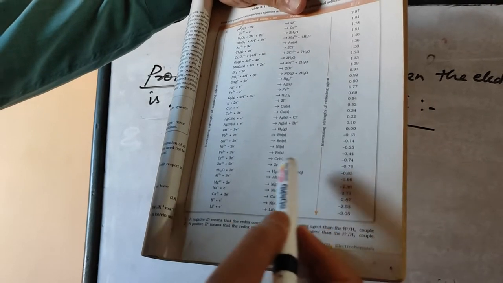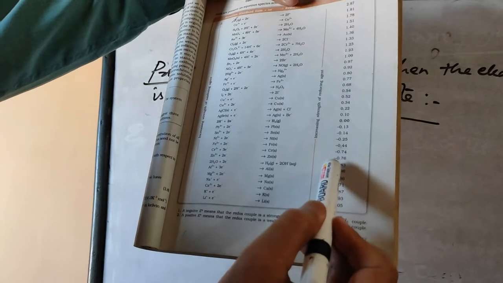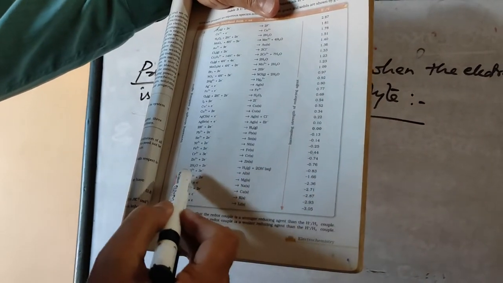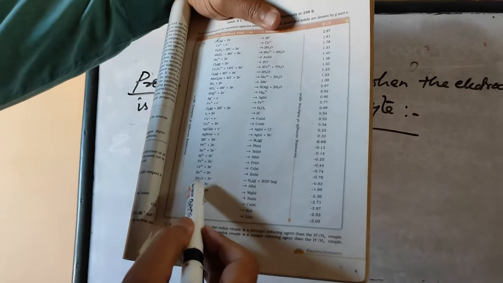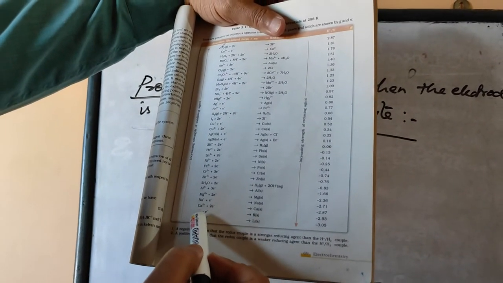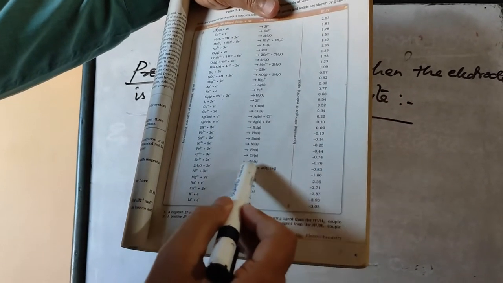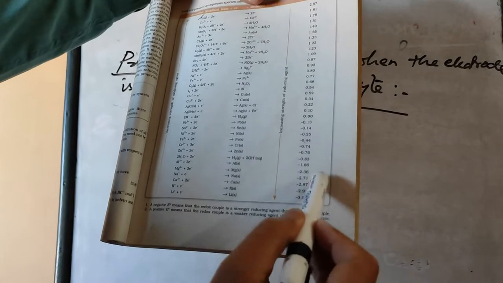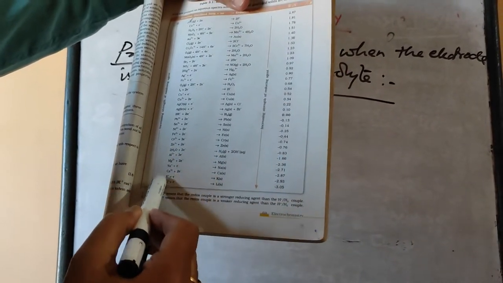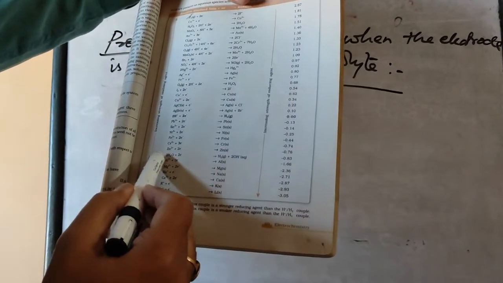It means the metals whose reduction potential value is less than -0.83 volt are aluminum, magnesium, sodium, calcium, potassium, and lithium. If you do electrolysis of an aqueous solution of their salt using a platinum electrode, then at the cathode we cannot get the metal.